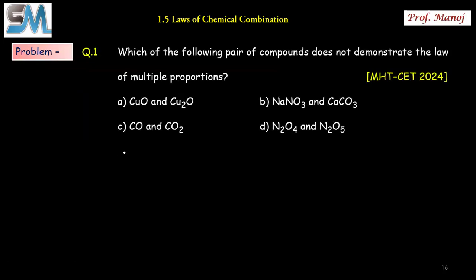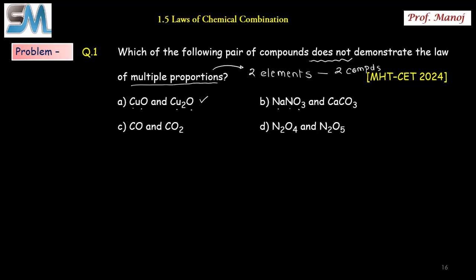So this is a question of MHT CET 2024. Which of the following pair of compounds does not demonstrate the law of multiple proportion? What is the condition of multiple proportion? If I summarize again, 2 elements, there 2 compounds. So let us compare. Copper, oxygen, copper, oxygen. This is good. Sodium, nitrogen, oxygen.